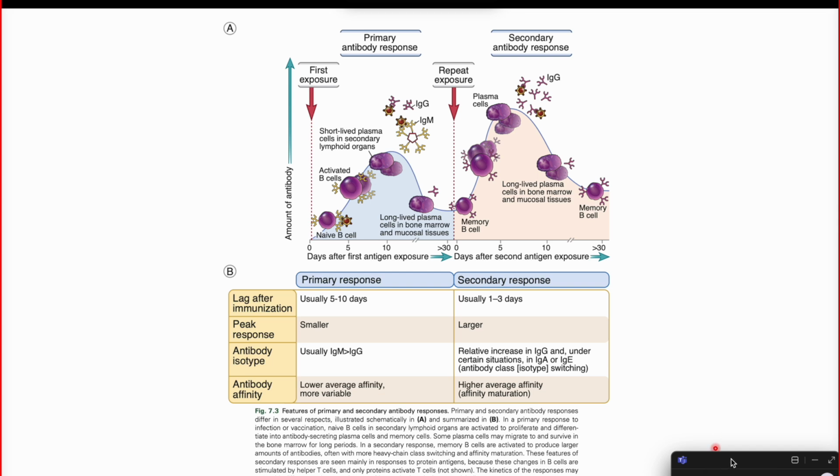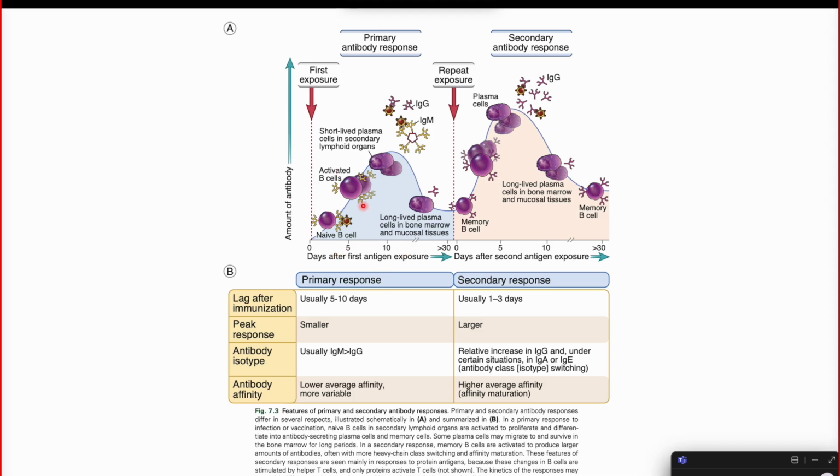Sorry. So whatever we have read in the previous slides, we are seeing them in the visual format now. In the primary antibody response, it will take around 7 to 10 days. Why is it taking 7 to 10 days?